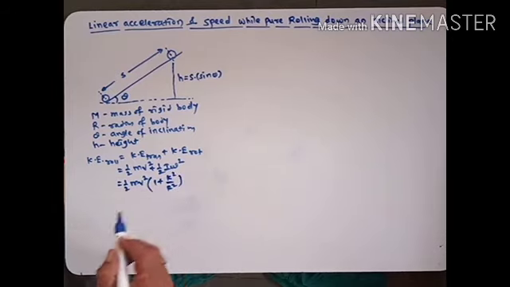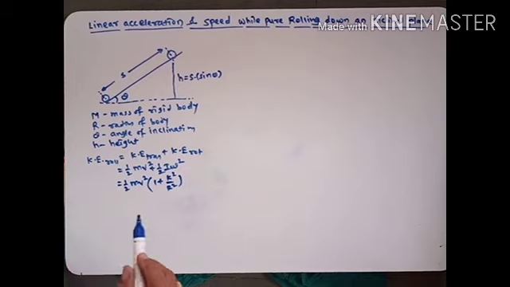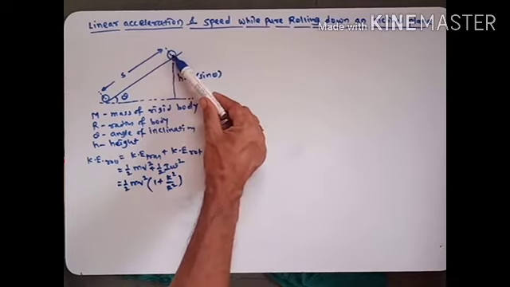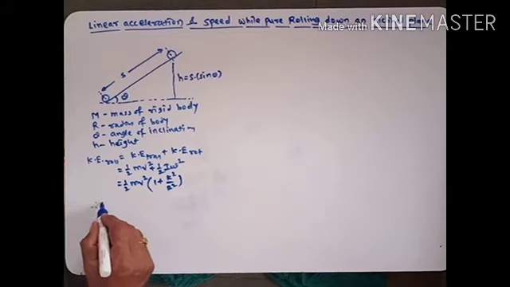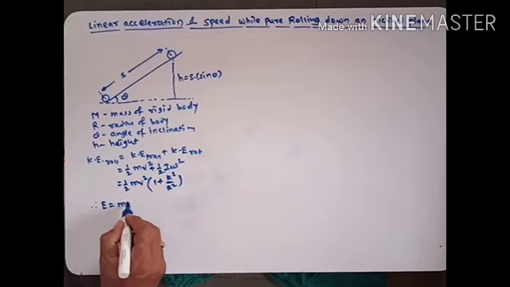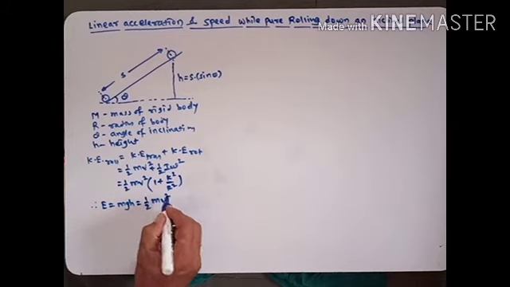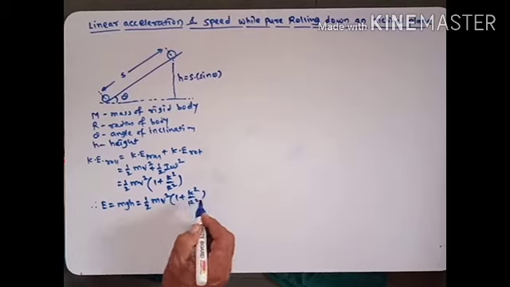Now this kinetic energy is equal to potential energy. This kinetic energy at this point will be at the final velocity, and if the body is at height h, then the potential energy is mgh. Therefore mgh is equal to half mv square into bracket 1 plus k square upon r square.